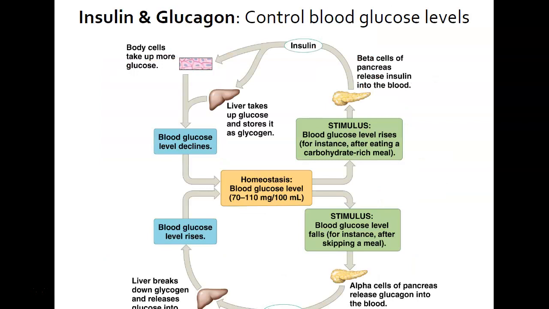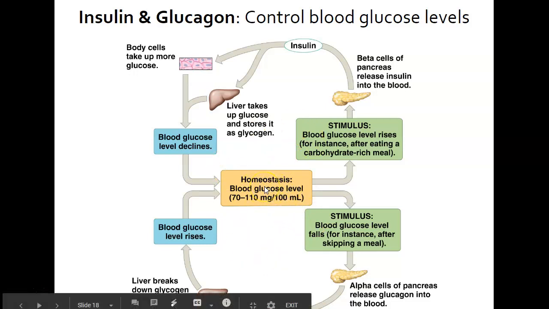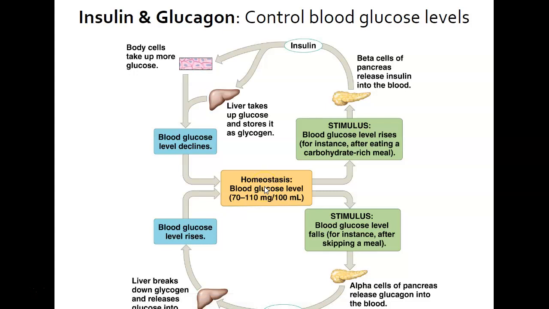So here's an example of one of those pathways. In this case, it has to do with blood glucose levels. Maintaining homeostasis is important, so the set point of blood glucose is in the middle. What happens when your blood sugar rises, let's say you did carb loading for sports, so you ate a giant bowl of pasta, is that the beta cells of your pancreas are going to release the hormone insulin into the blood.